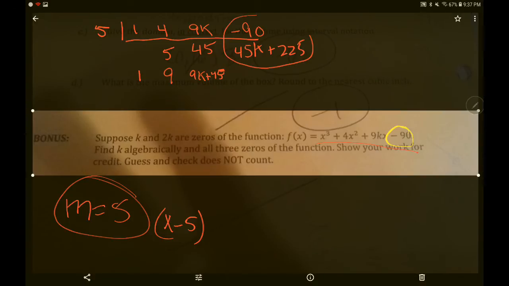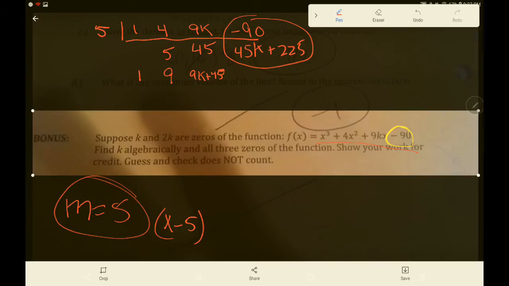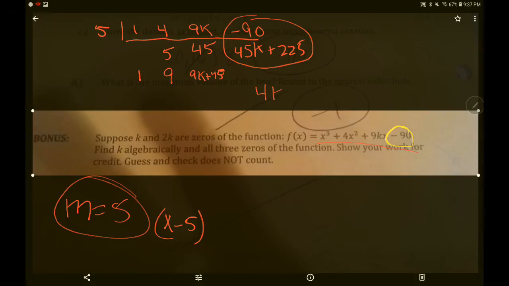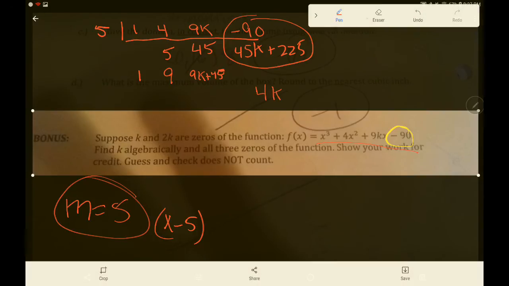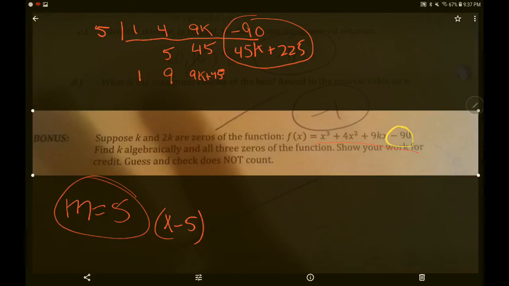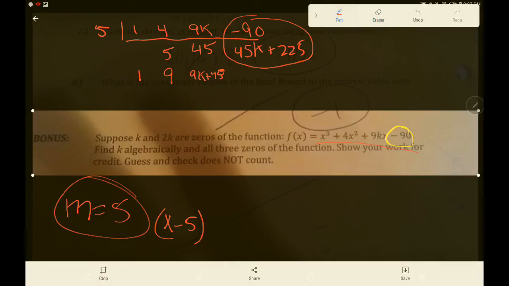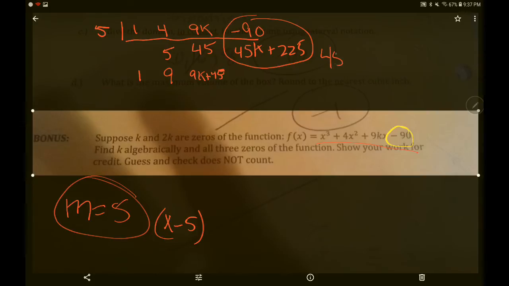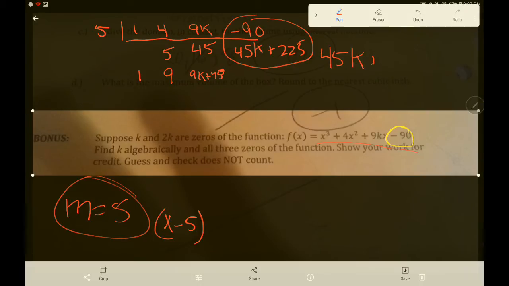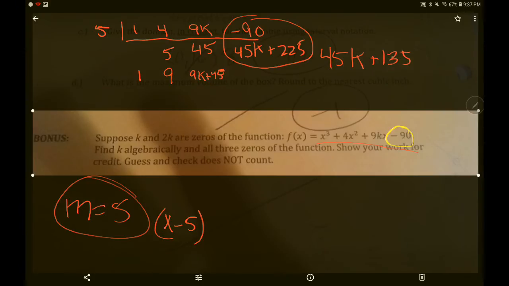And then we add these together, we get 45k. 225 minus 90 is 135. That's the remainder. And we know that that remainder has to equal 0.